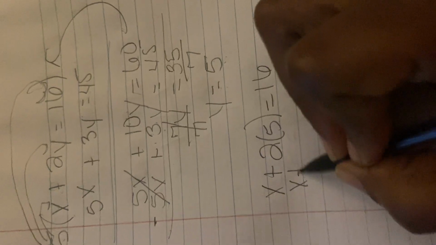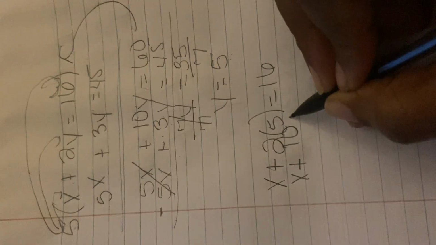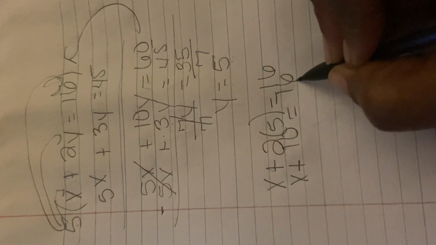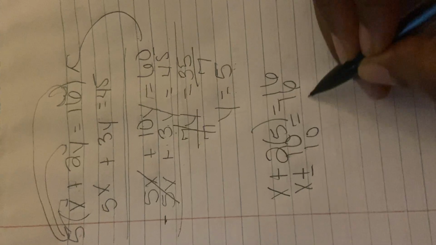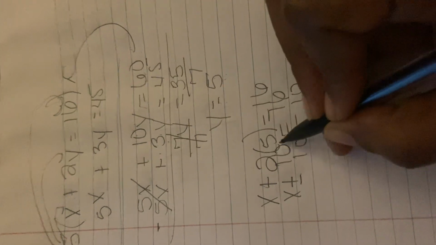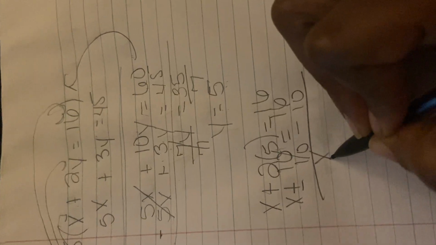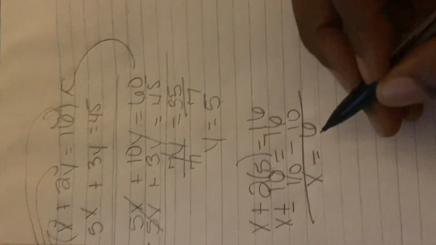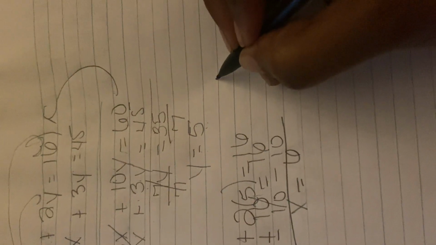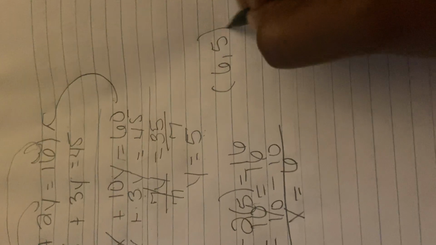Solve x plus, we multiply 2 times 5 is 10, equals 16. And we subtract 10 from both sides. This cancels out. We're left with x equals 6. So our point for the one that we needed is 6 and 5.